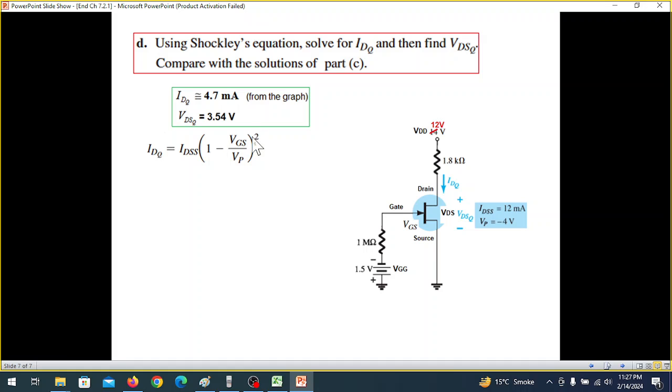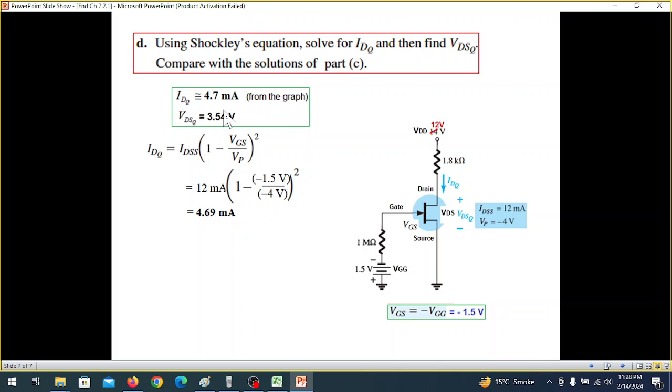So this is the Shockley's equation. And this was the network equation. From that we found VGS to be minus 1.5. So we'll put that value here. So putting minus 1.5 and VP as minus 4, and solving, we find IDQ to be 4.69 milliampere.